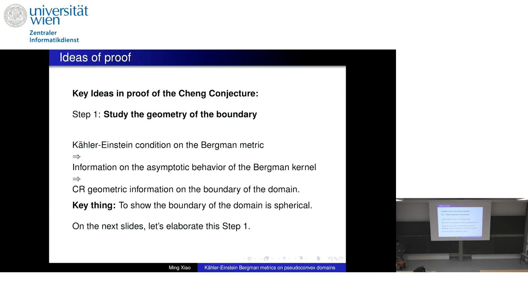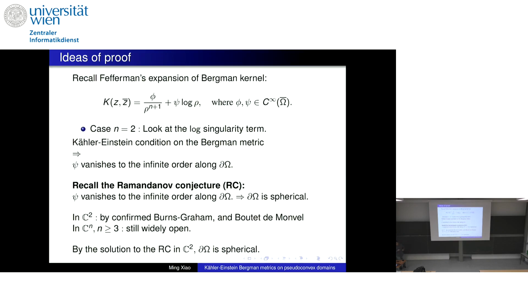So the key thing is to study the geometry of the boundary by using the Kähler-Einstein assumption on the Bergman metric. Recall that we have the celebrated Fefferman expansion of the Bergman kernel if omega is strongly pseudoconvex, where rho is a defining function of the domain, which we assume is positive in the interior, and phi and psi are smooth functions on the closure of the domain.